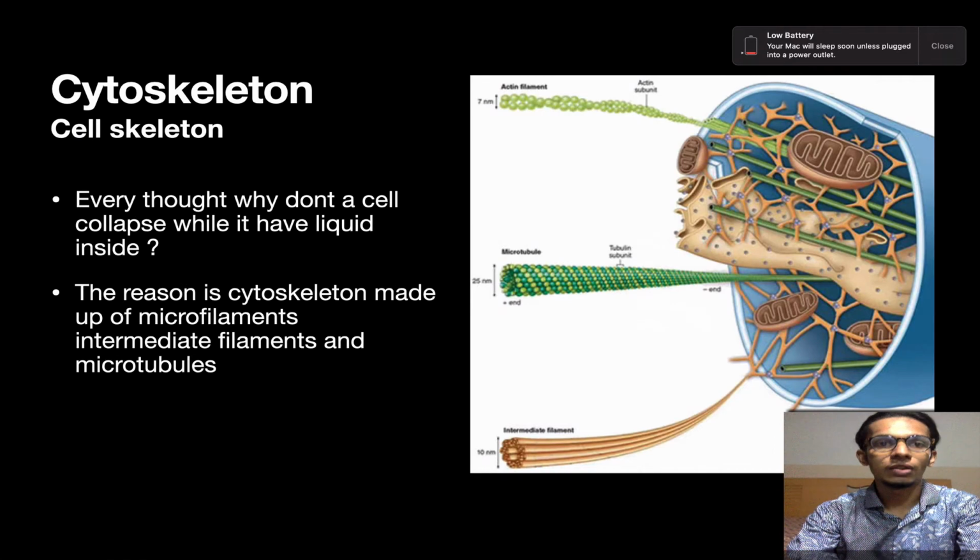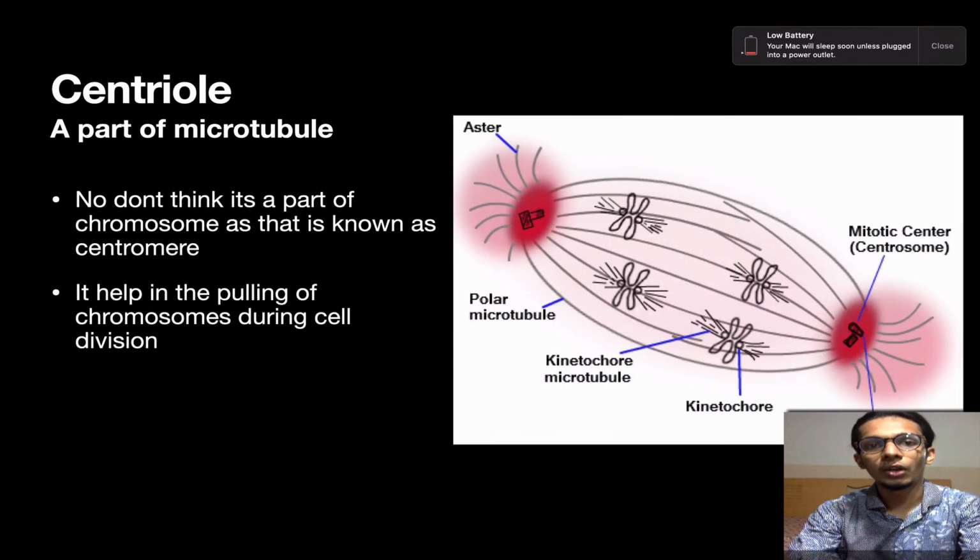That was the cytoskeleton. Now we have the centriole, a part of the microtubule. Don't think it's a part of chromosomes, as that is known as the centromere. The centromere is the part on the basis of which we divided chromosomes into 4 types: submetacentric, metacentric, and all that stuff.